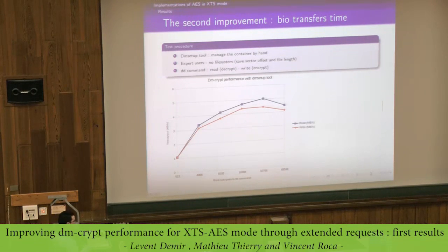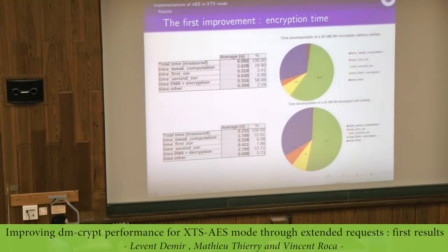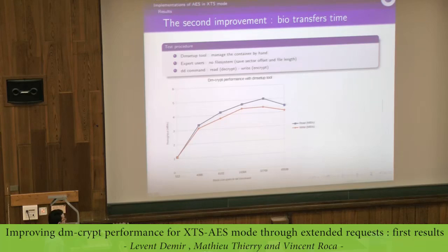With the dd command, you say, on the 5th sector for example, I put a file of 1 kilobyte. And so I have control of the BIO size. If I force the BIO size to 1 sector, we see we have this bandwidth. But if I force it to 4 kilobytes, we see the improvement. So our solution, extended request, gives us 2 improvements: about the encryption time inside the Atmel driver, but also about the global input-output.